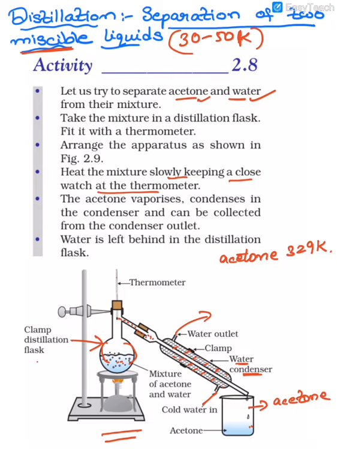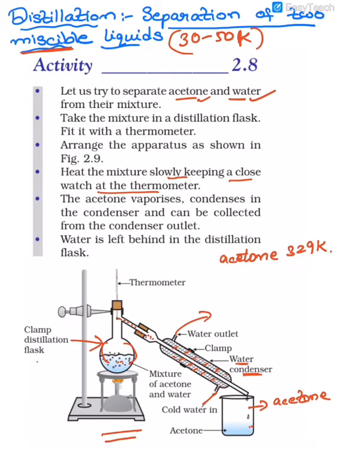Now acetone can be collected, and once acetone comes out, what remains behind is the water. So in this way we can separate them. Afterwards, after the acetone is collected, water starts boiling and the vapors of water start coming out.